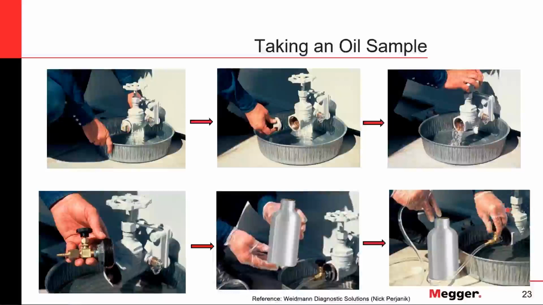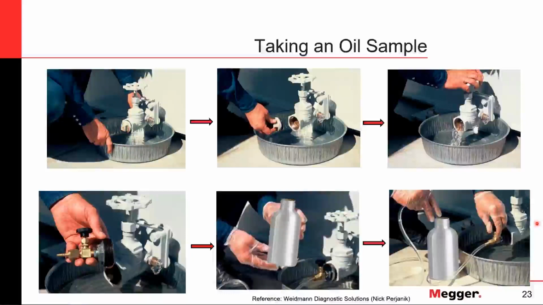So now we already discussed getting our samples for testing, right? So going into the testing itself, the dielectric breakdown voltage of an insulating liquid is a measure of the liquid's ability to withstand electric stress without failure.